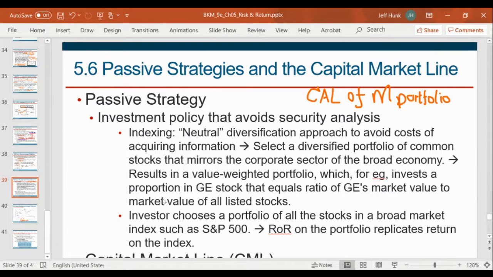You may not earn twice the market. You will earn exactly as much as the market, but your risk won't be twice the market. Your risk will be just about the same as the market, right?